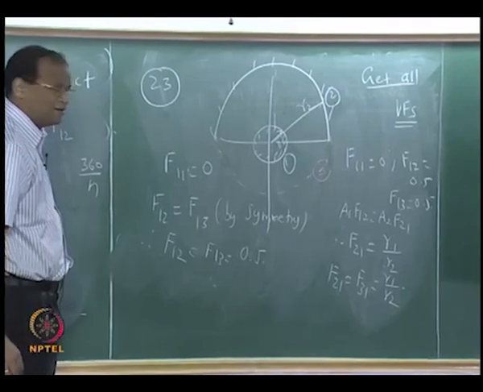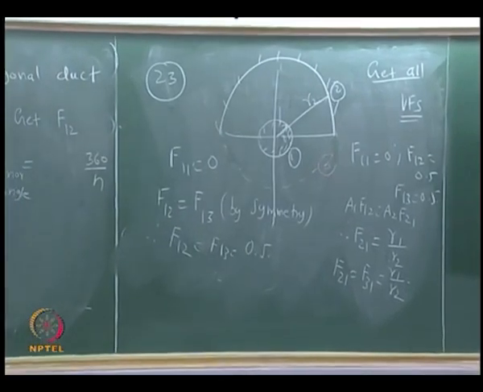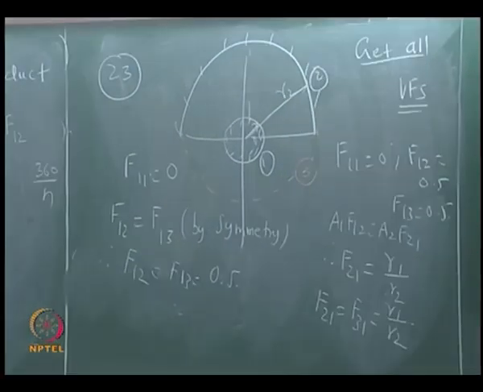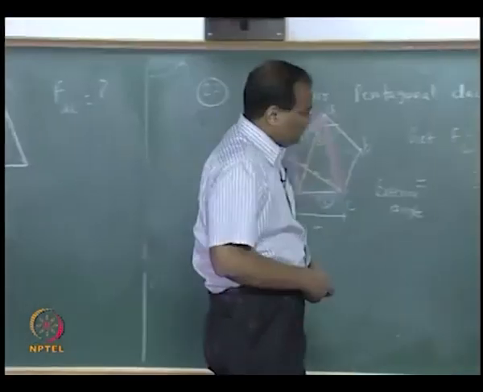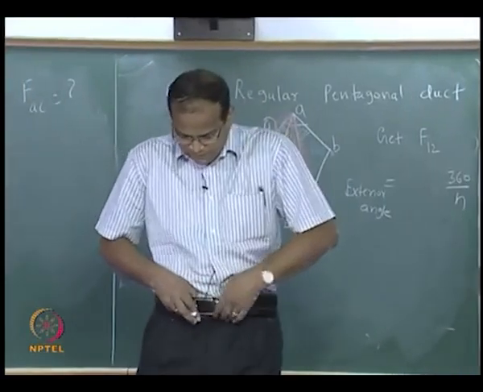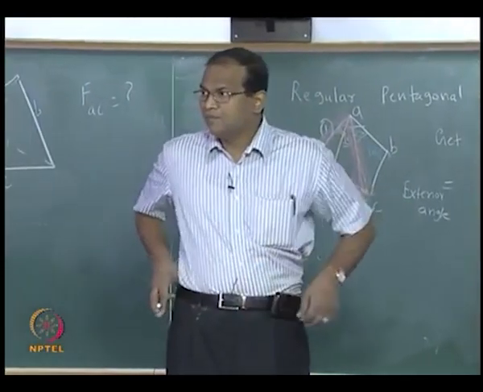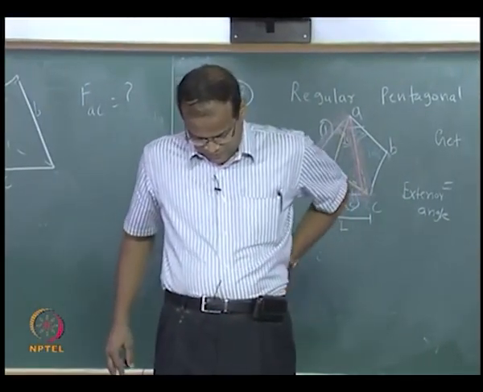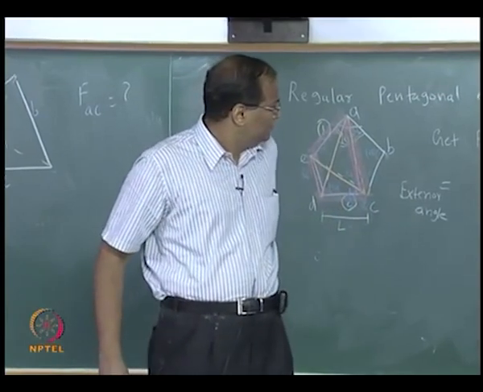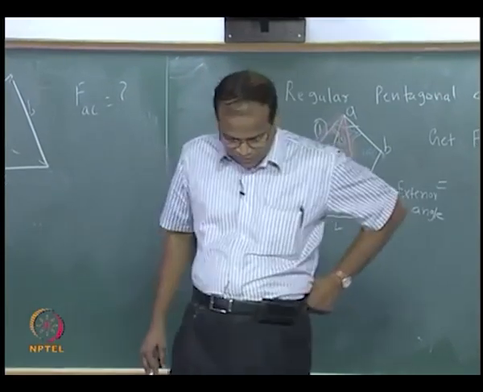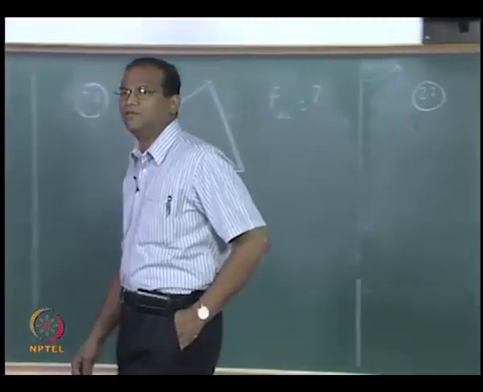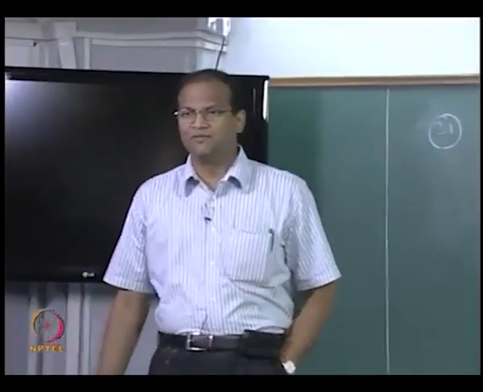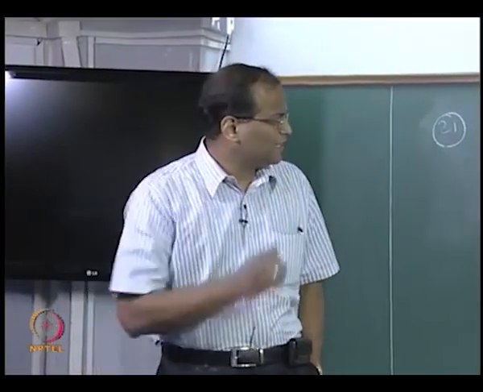And then F22. What I have done is got it as R1 by R2, okay. So it depends; I have given R1 by R2 equal to half or something, right. So what are the other things required now?